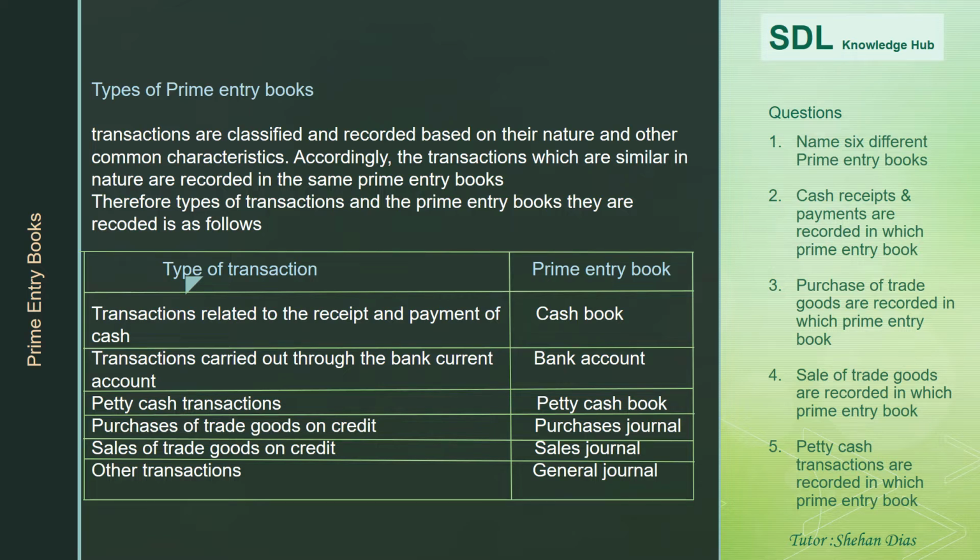Then purchases of trade goods on credit are recorded in the purchases journal. Then sale of trade goods on credit is recorded in the sales journal. And finally, all other transactions are recorded in the general journal.